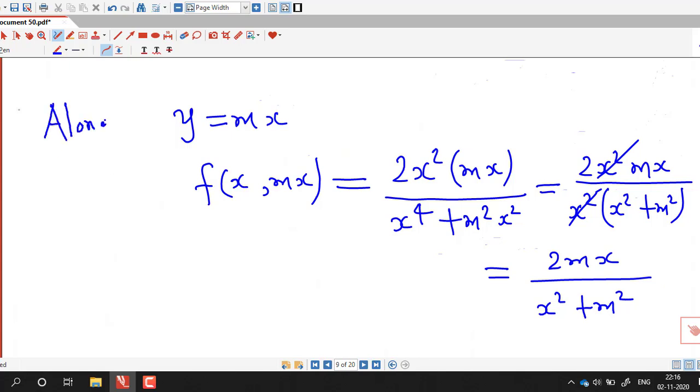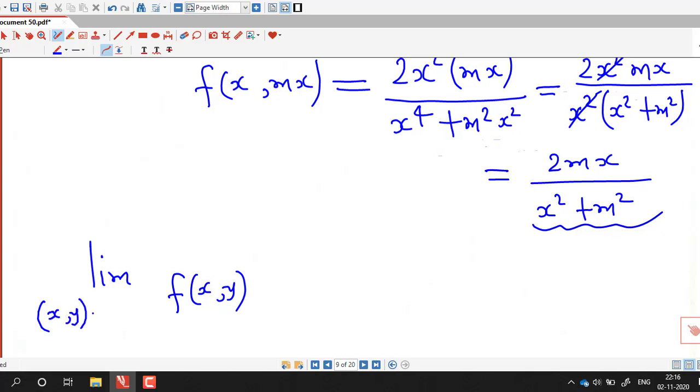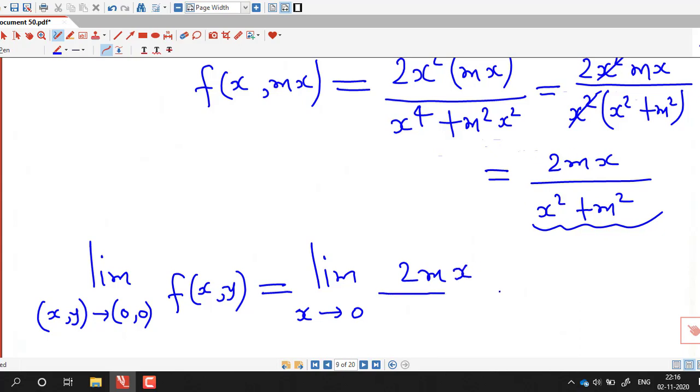So along all possible lines passing through the origin, our function takes this form. It reduces to a function of only one variable. So if we find the limit of f(x,y) along this path, y equal to mx, then f(x,y) becomes 2mx over x square plus m square. Now this is the limit of a function of only one variable.